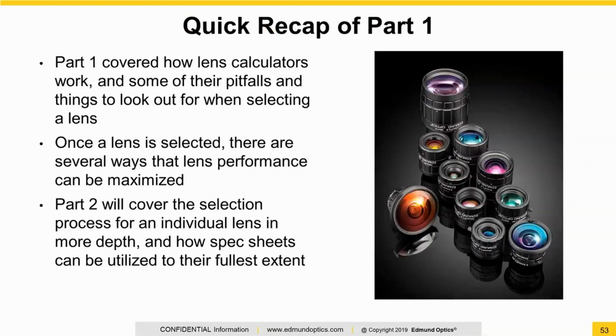We also talked about some of the pitfalls that can arise when using a machine vision calculator or lens calculator, and some of the issues with performance or too many options to select, and that can create issues when you go to actually purchase a lens. What we're going to cover here is how to take all that information and look at spec sheets and look at individual performance data from lenses to choose what's going to be best and how to maximize that performance.